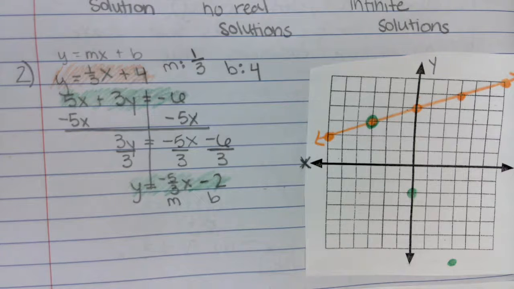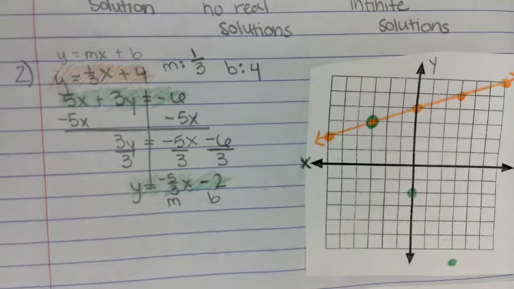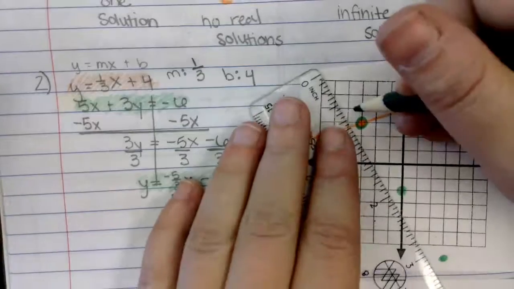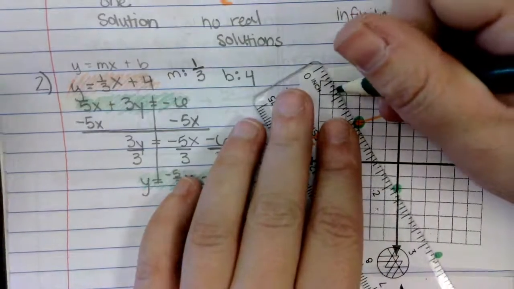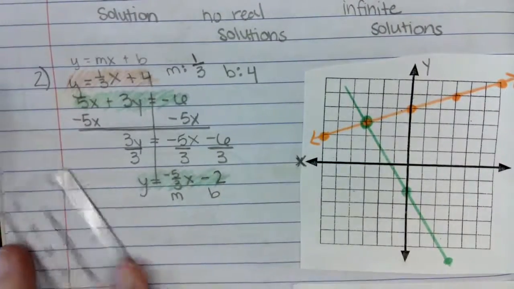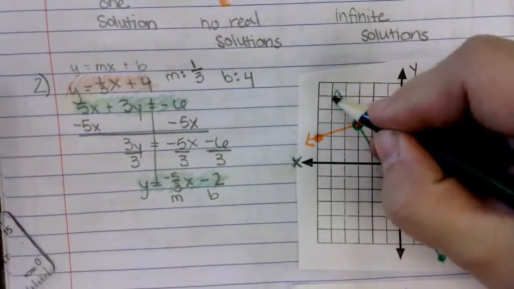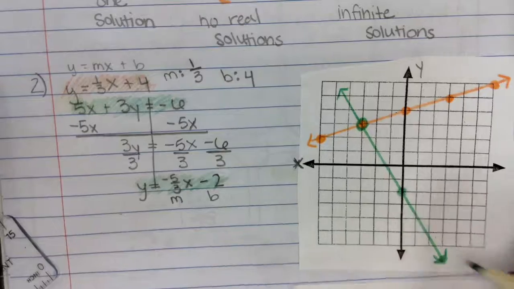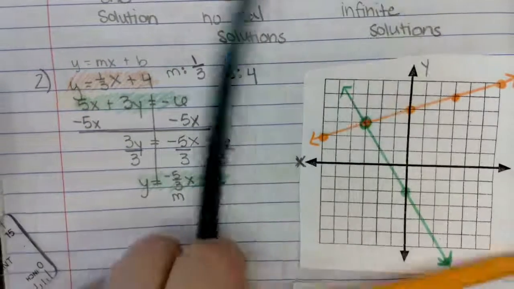Alright, so we're going to draw that line. Alright, and our goal is to find out how many solutions, and if there is a solution, what is that solution?